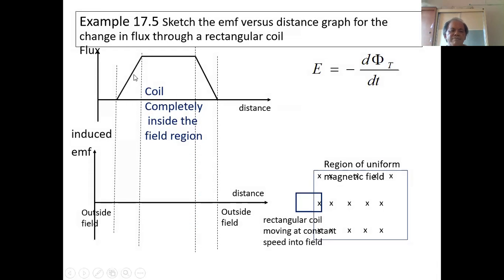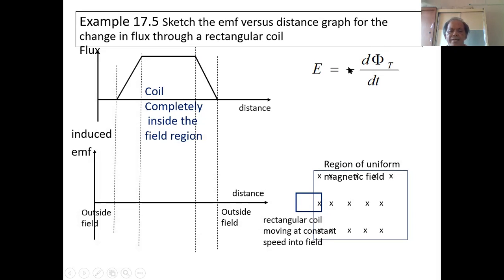So we draw the graph as it enters, and as more and more enters, it completely enters, then it comes out, and it completely comes out. Inside there, the flux is constant, so there's no change in flux, no induced EMF.